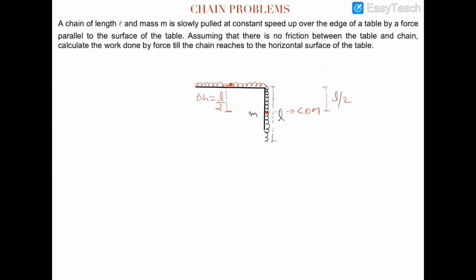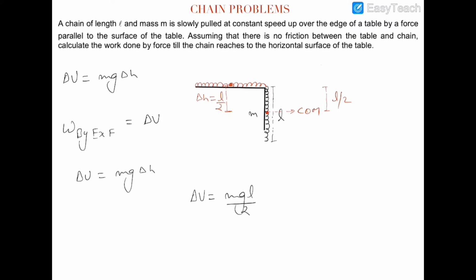So the change in potential energy delta U of this chain will be mg delta H, and work done by the external force is utilized in increasing the potential energy of the chain. So delta U will be equal to mg L by 2.